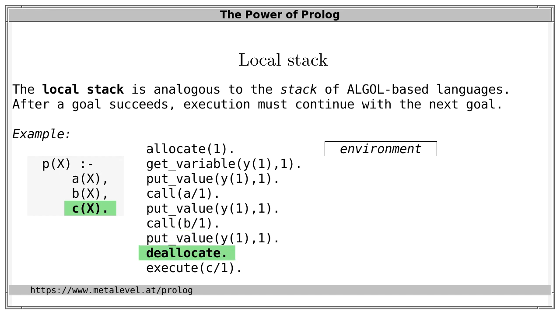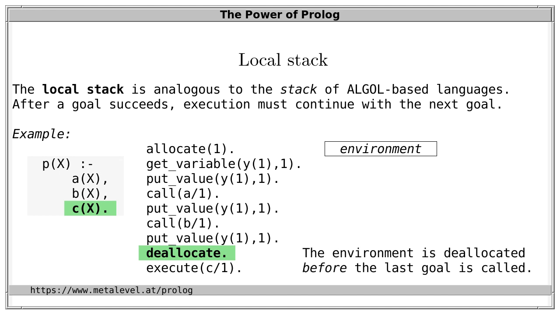And now we encounter something interesting, because we see here that the last goal of a rule is handled differently than the other goals. Because we see here that the deallocate instruction is executed before the last goal is invoked. And this is called tail call optimization.